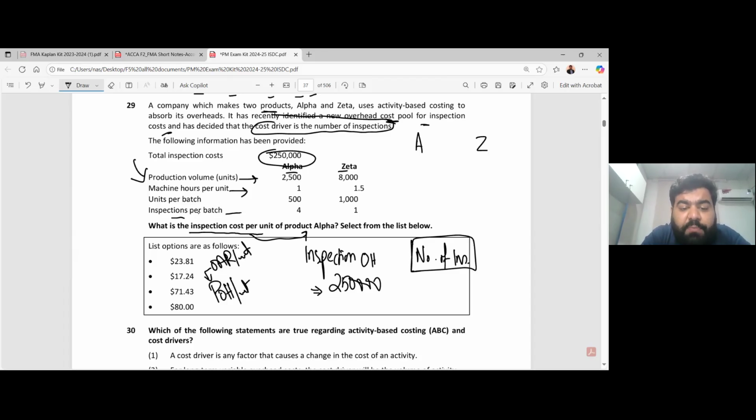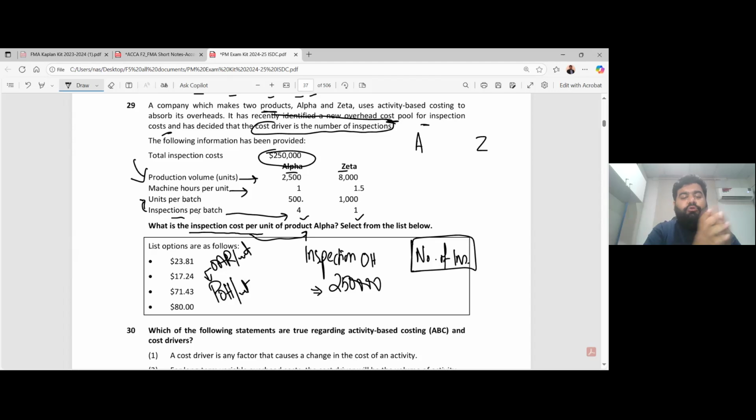So inspection per batch is 4 and 1 for alpha and zeta, and we'll see how many batches we are making. The upper point says units per batch, 500 and 1000. This is something technical. It's not written number of batches, 500 and 1000.